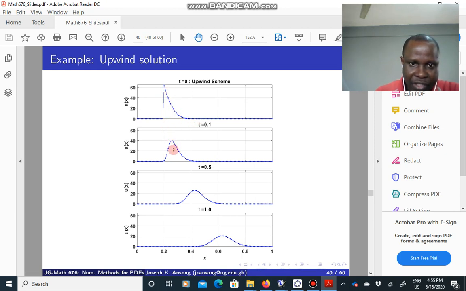It reduces, it becomes smoother, but it is moved to the right. At t equal to 0.5 it has moved even further, and at t equal to 1 even further. But as it's moving, notice that the height is also decreasing. We'll talk about that. So it's basically dispersing as it goes. There's damping and dispersion going on as it's moving.